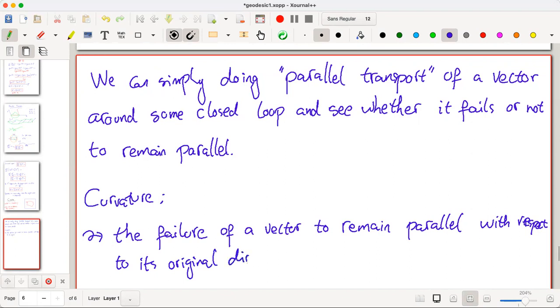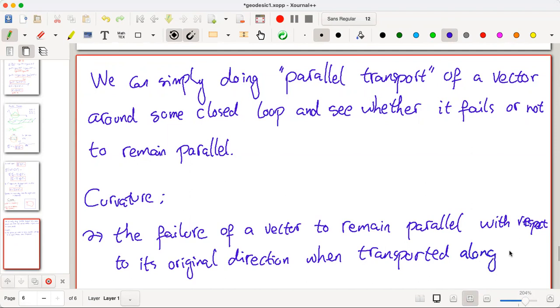Original direction when transported, actually, just when transported along a closed loop.